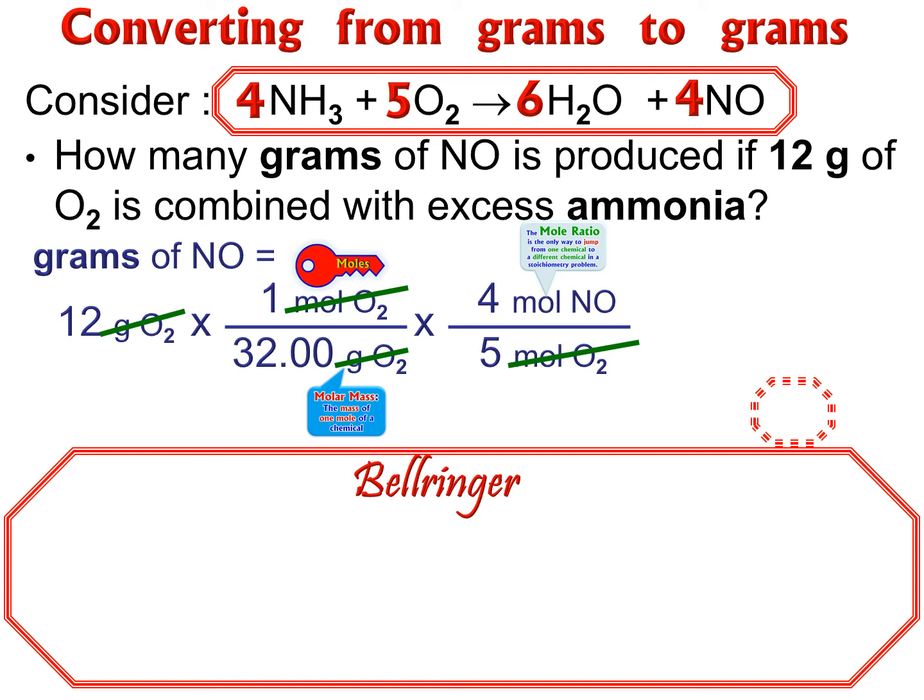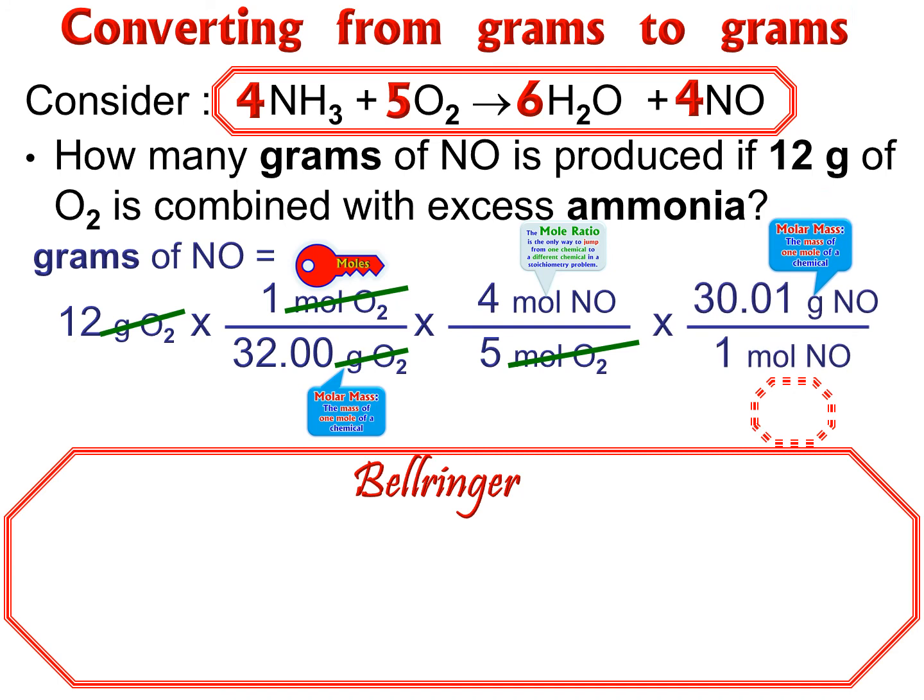Very easy molar mass. But do the grams go on the top or the bottom? What unit has to go on the bottom? Think about it. The unit that has to go on the bottom is moles of NO. So that means that the grams have to go on top. And notice again, at the end of a problem, grams are on top.